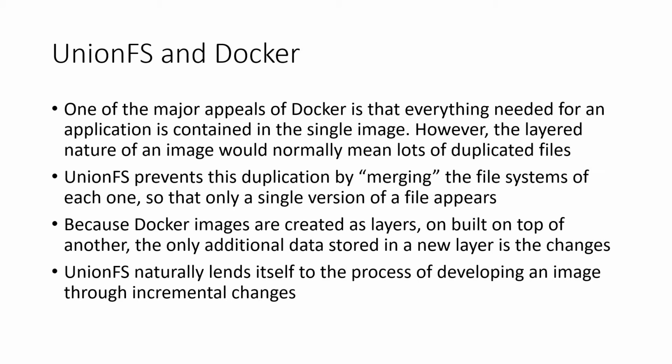And so UnionFS actually uses this merging capability so that we only have a single file in the finished product, or the latest product, when it comes to an image. And the only thing that gets stored in a new layer as we build the image is the changes that we've made. So if we've modified a file or updated a library file that's being used, then we're just going to see that that is the difference, and then that's what we're going to use.